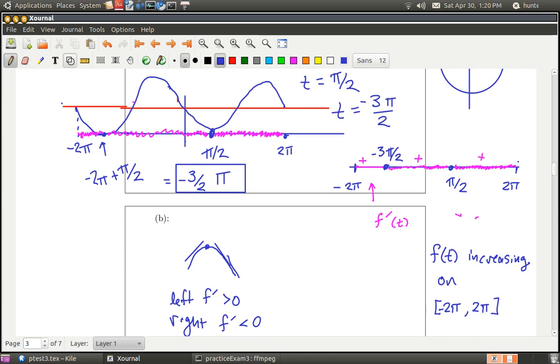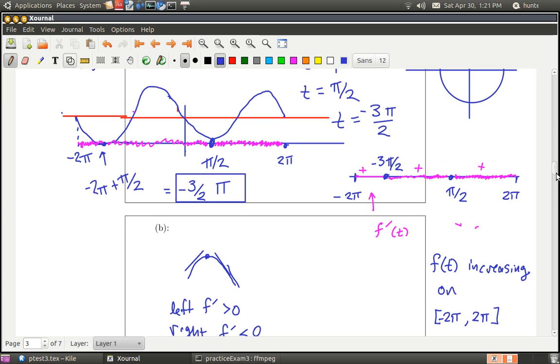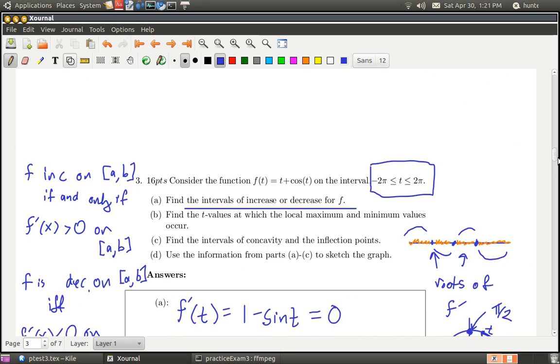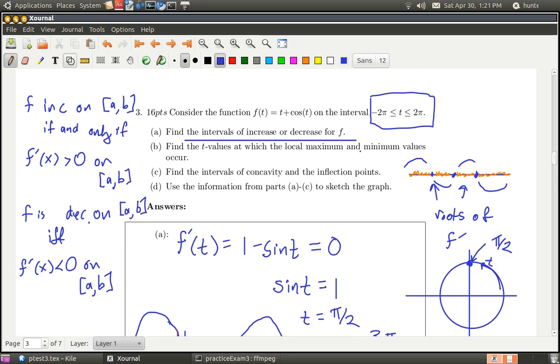So that means that none of these roots is a local max. But you know that I can still check. I'm on this closed interval, right? So I'm looking for local maximum and minimum values. So none of the roots are going to be local maxima or minima for that matter, but let's think about minima in a second.